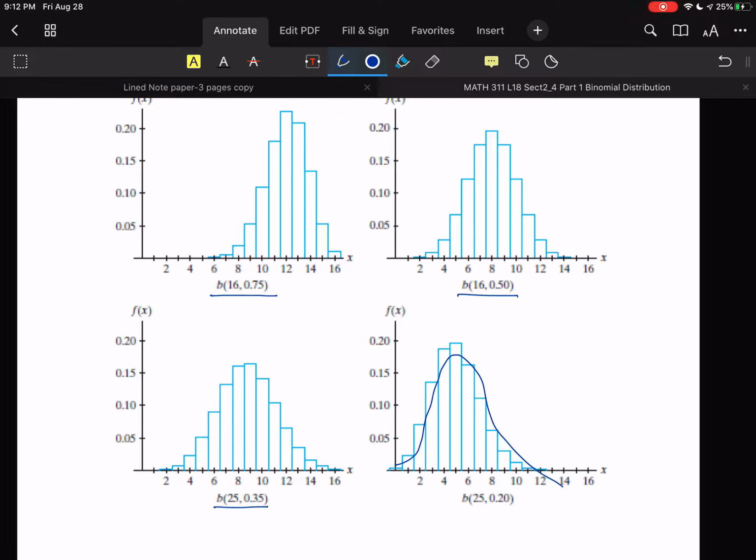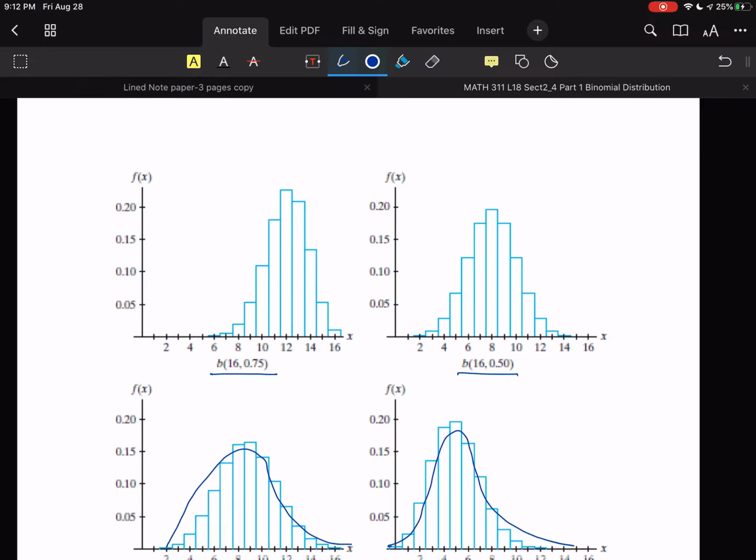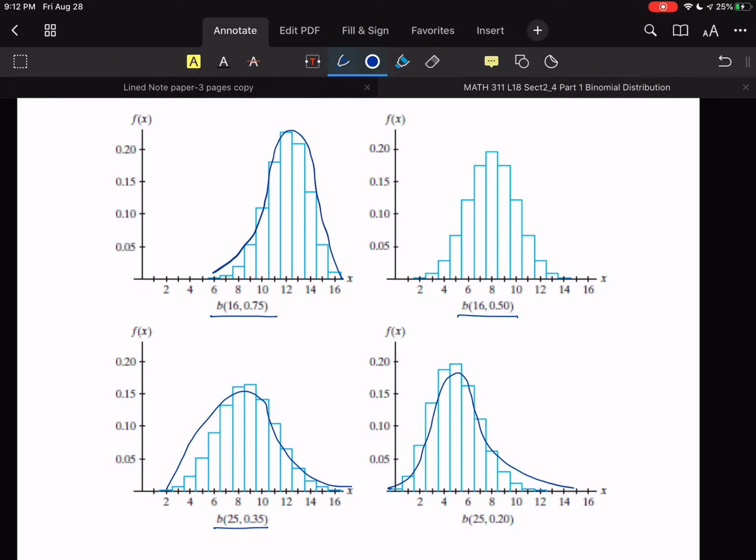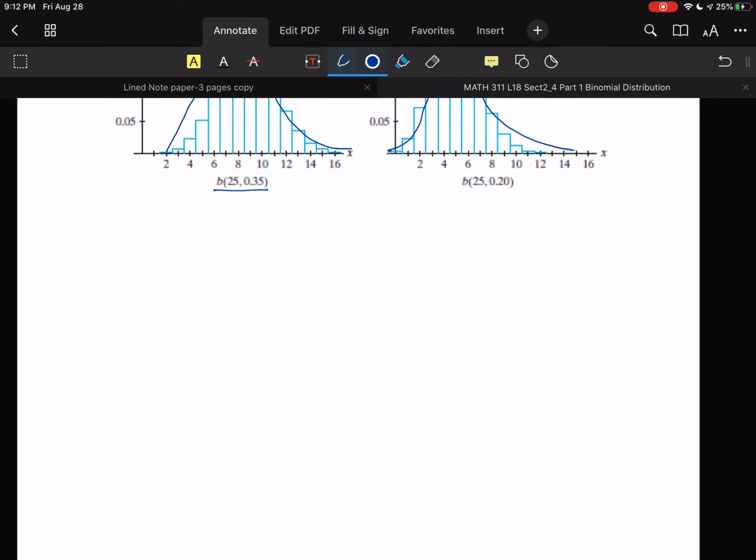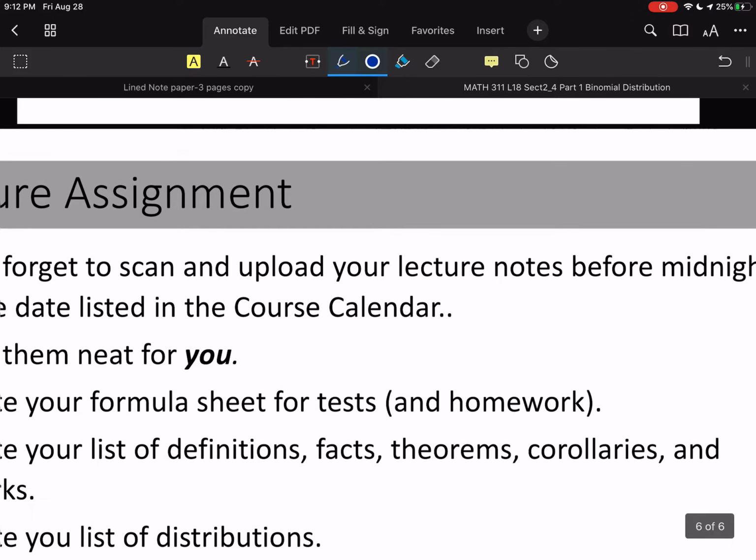So we're more skewed to the right here. We're just slightly skewed to the right here, and we're skewed to the left slightly here, okay, for 0.75. So for p above 0.5, we're skewed to the left. For p equal to 0.5, we're symmetric. For p below 0.5, we become skewed to the right. All right, so that's the binomial distribution.